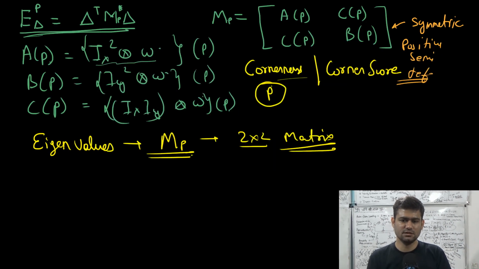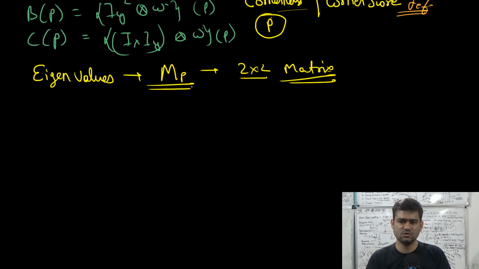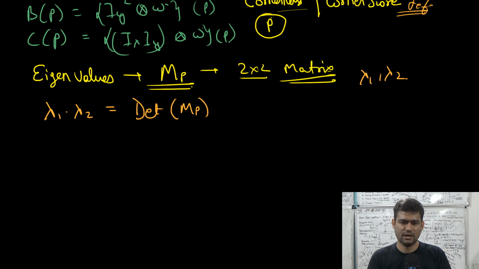We also know that the eigenvalues are denoted by lambda 1 and lambda 2, and that lambda 1 times lambda 2 is given by the determinant of matrix MP, and the sum of the eigenvalues is given by the trace of matrix MP.